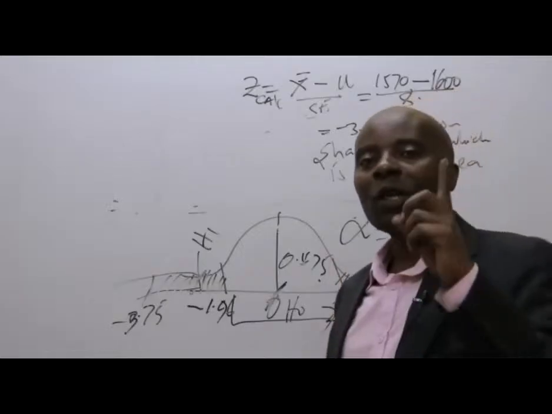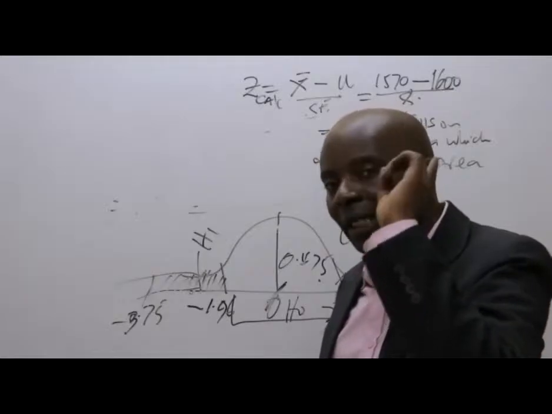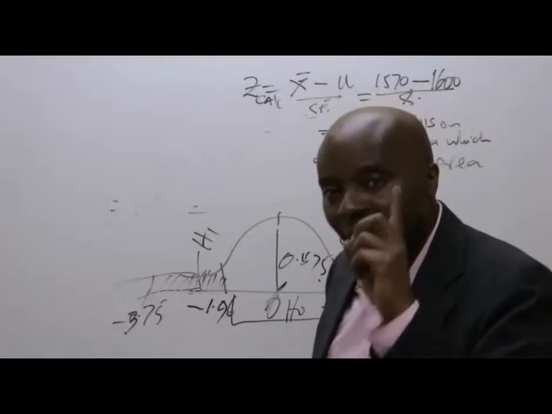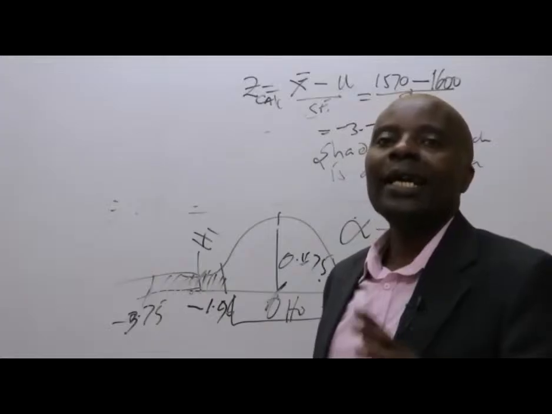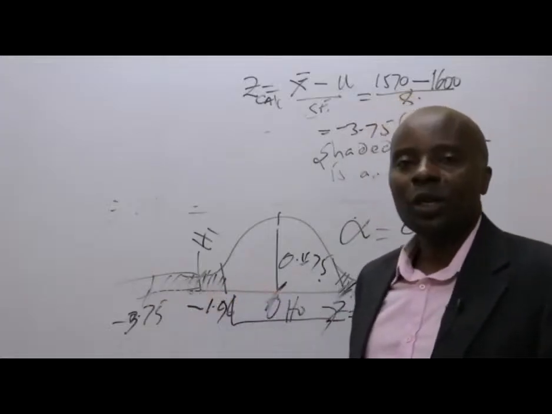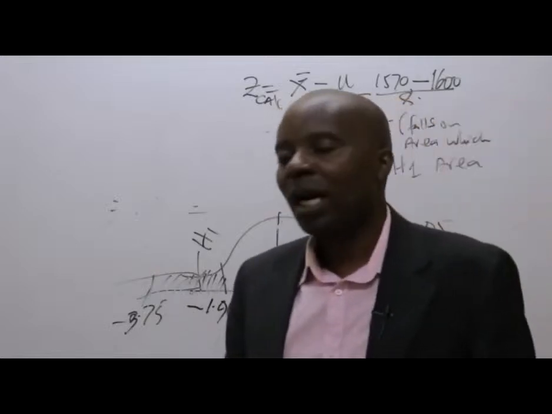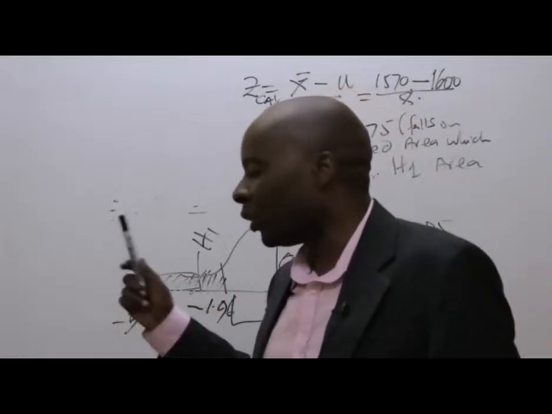That manufacturer who was claiming that his bulbs will stay lighting for 1600 hours has cheated us. Ideally, we expect even much fewer hours, because it has fallen on the left-hand side.